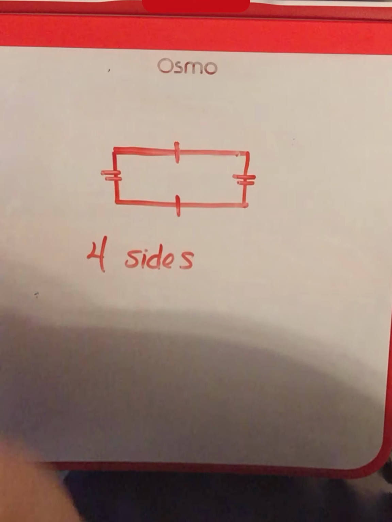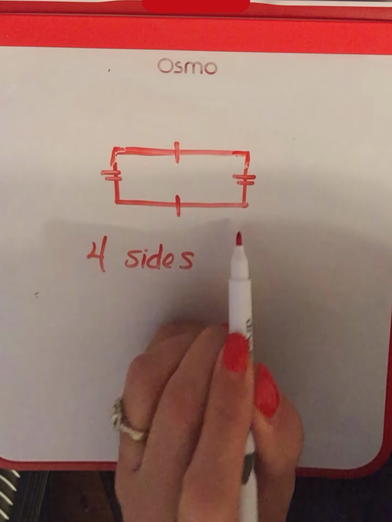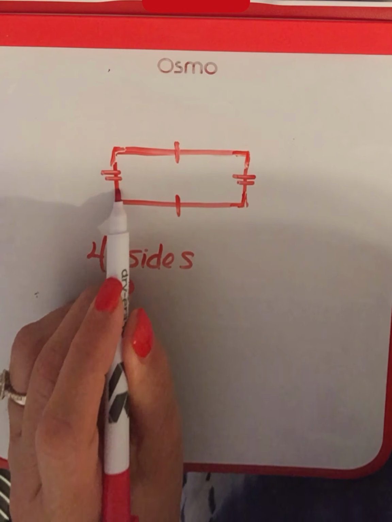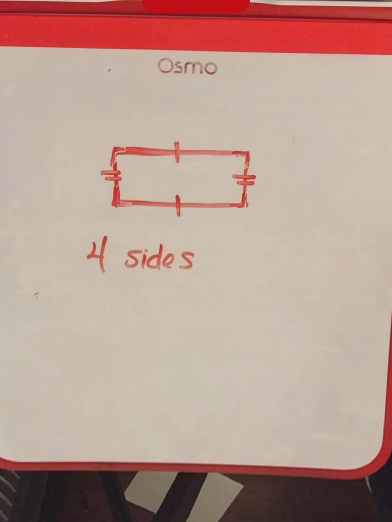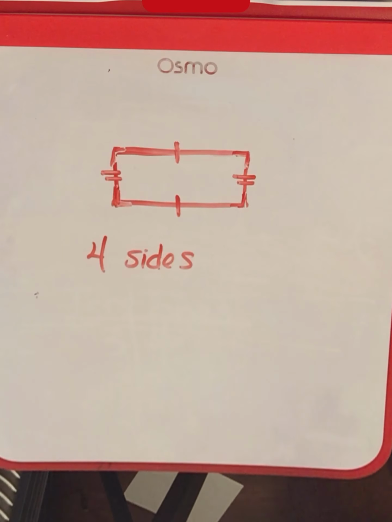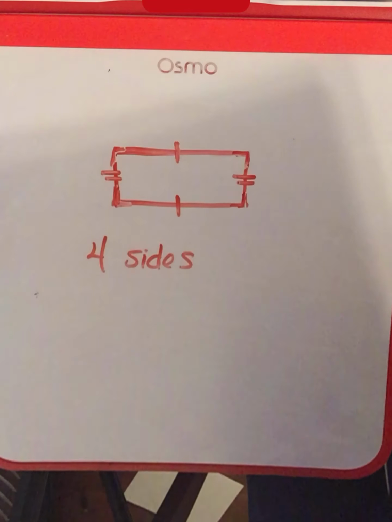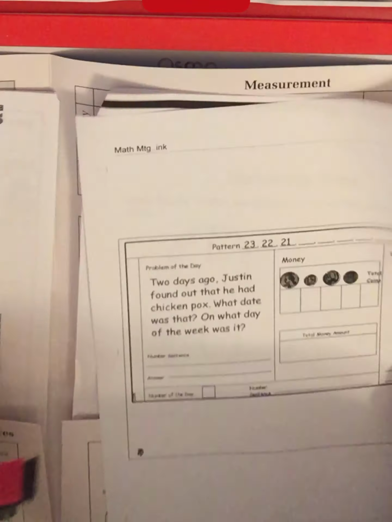And you can look and see that it also has a right angle. That means it makes like a letter L. You can see a capital L, like it goes nice and straight, and that's called a right angle. All right, and also in your math meeting folder that everyone has, you will see that it has some information on quadrilaterals.